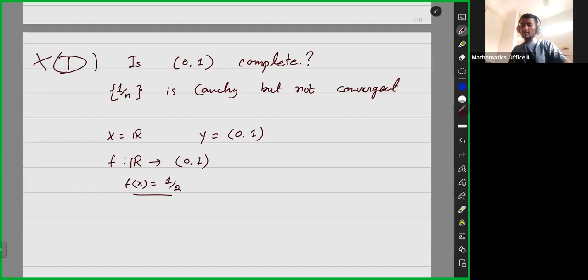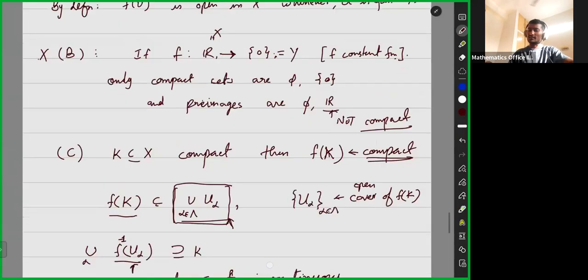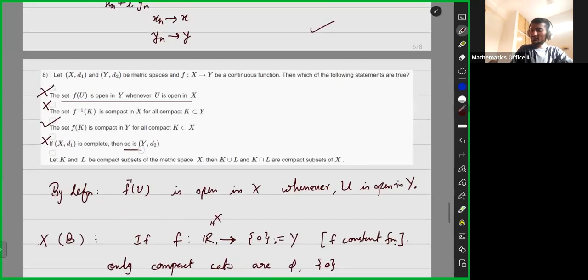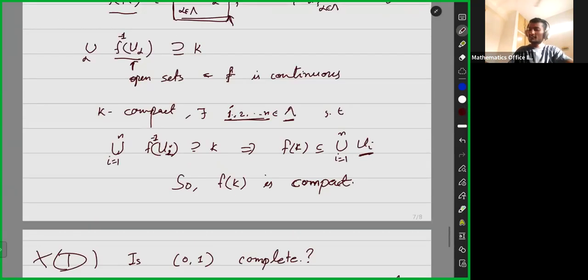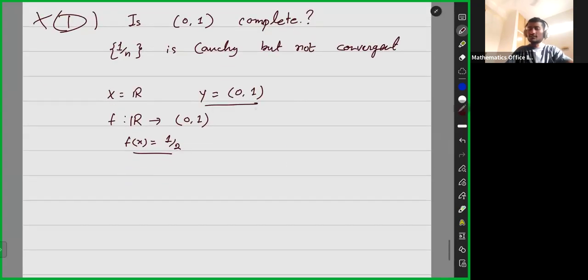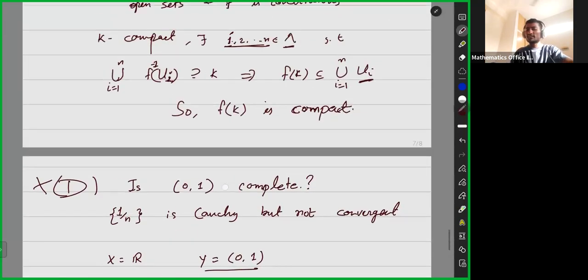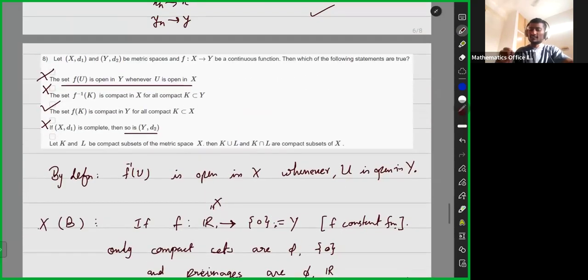And we don't know if Y is complete or not. Constant functions don't say anything about Y. They focus only on one point, where the image is going. So this is false. They are saying Y is complete, I'm saying it is not always. Sometimes it is. For example, if the codomain Y was the real numbers, then it was complete, but not always. So this is false.